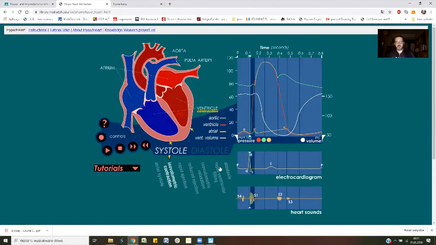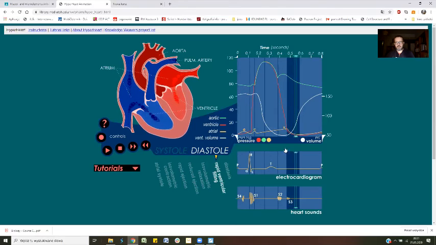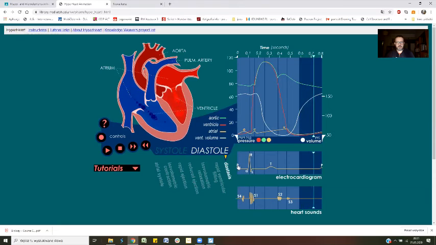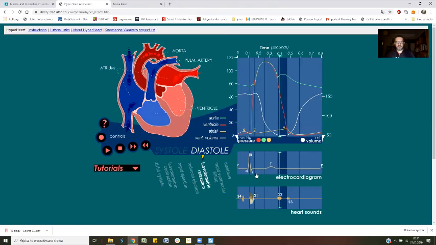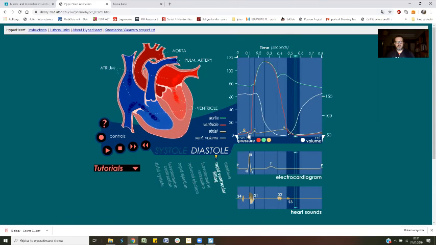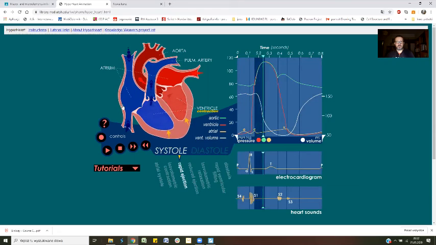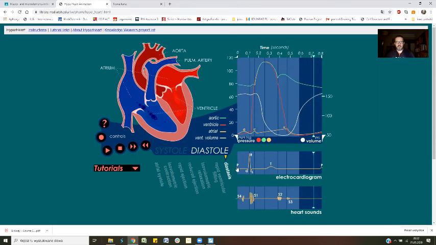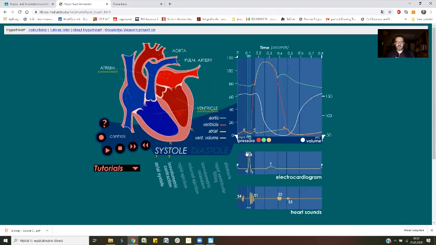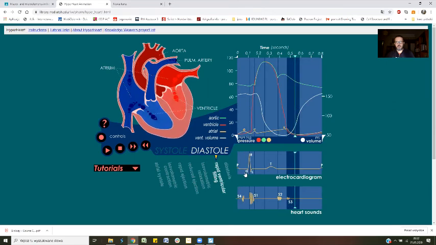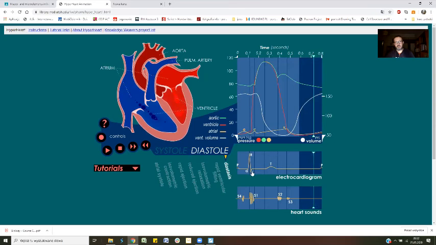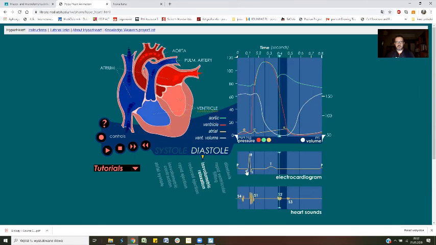For students, this diagram is very important for you to analyze, because it shows the P wave, QRS complex, and T wave. P is related to depolarization of the atrial wall, so it shows the atrial systole. QRS is a change of electrical potential on the wall of ventricles, therefore it shows the ventricle contraction, so ventricular systole.